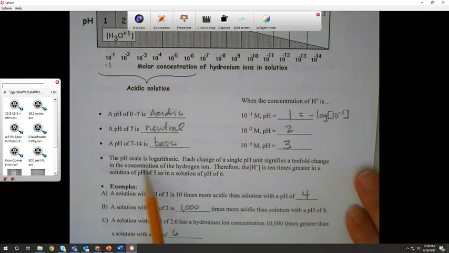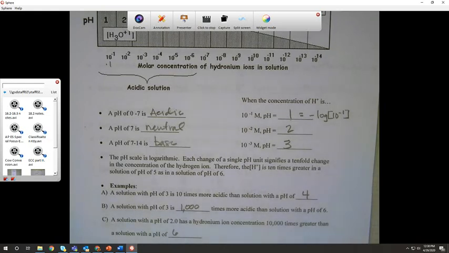The pH scale is logarithmic, just like the seismic scale, which we've all experienced in the last month with our earthquakes. Each change of a single pH unit signifies a 10-fold change in concentration. So the concentration is 10 times greater in a solution of 5 than it would be in a solution of 6. Here are some examples and questions.